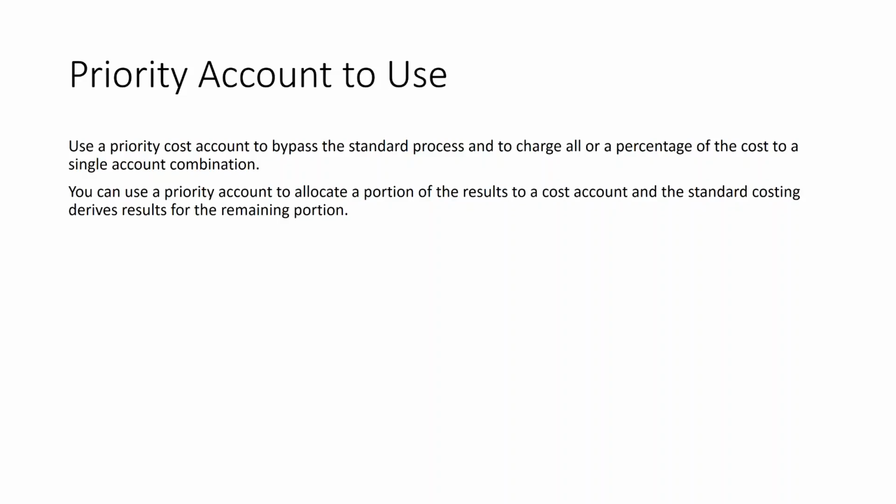For example, 50% of your payment is costed in the priority account and the remaining is costed by the standard process. Then it will pick up the priority account for 50% and for the remaining 50% it will pick up the costing and the offset as defined in the element.